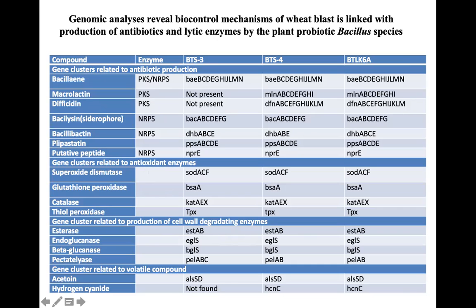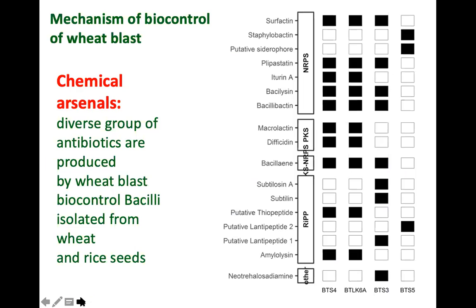These results are telling us that these organisms have powerful chemical weapons to ward off or inhibit the growth of Magnaporthe oryzae. That means, on the molecular mechanism, we got some very good information. The phenotypic result we found in the seedling assay as well as in the plate assay showed inhibitory activity.